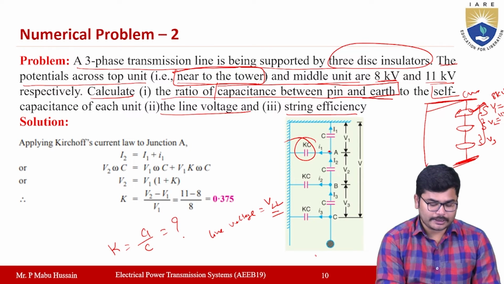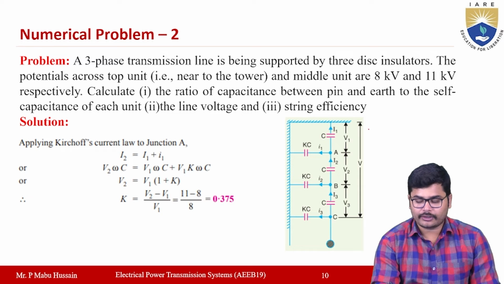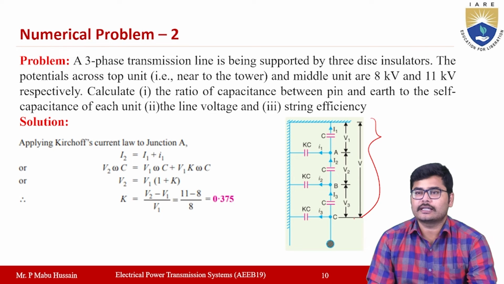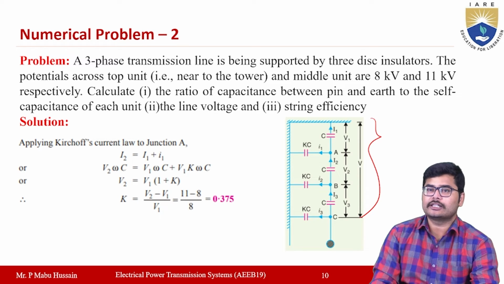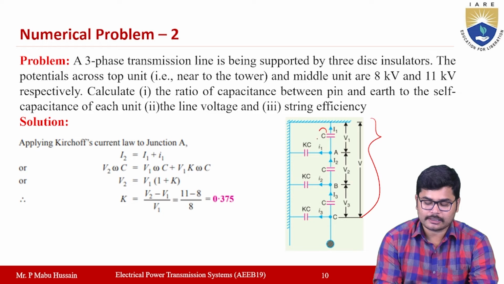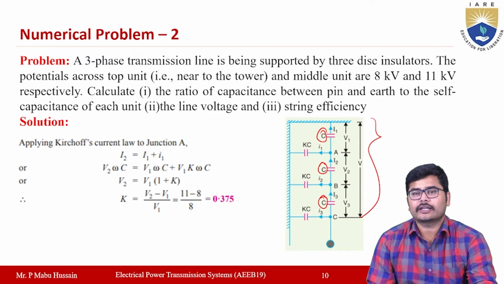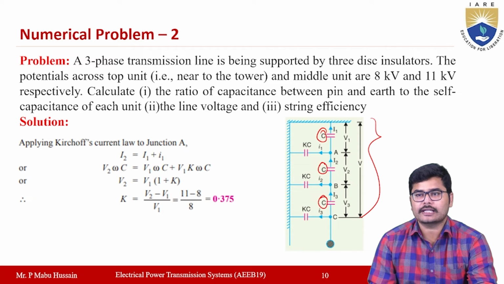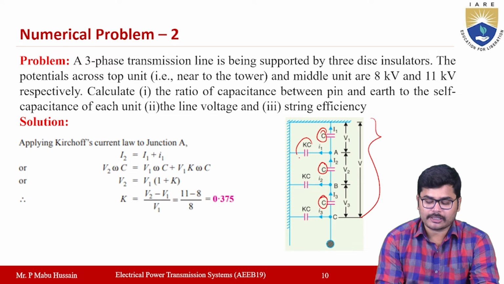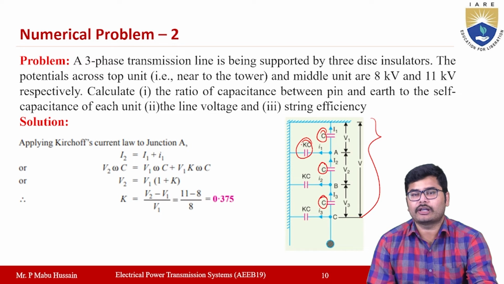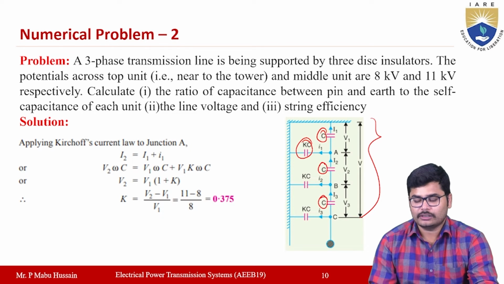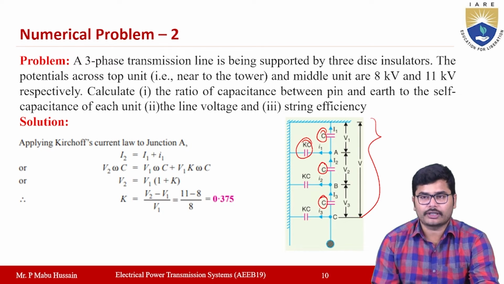Again, you are drawing the same 3 insulator discs by considering each disc is having a capacitance C here. This capacitance C is the capacitance of each insulator disc, or it can also be called the self capacitance of the insulator disc. Then the shunt capacitance is K times the value of self capacitance C. Now you have to find out the value of K here.